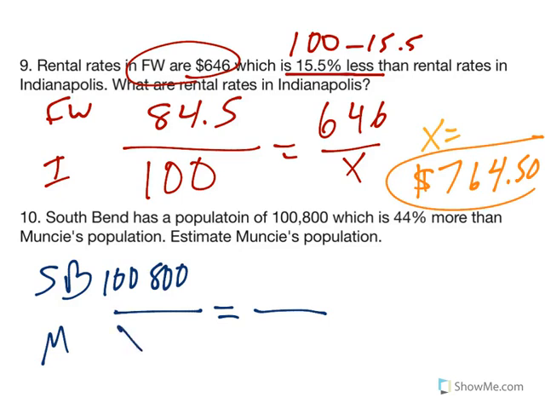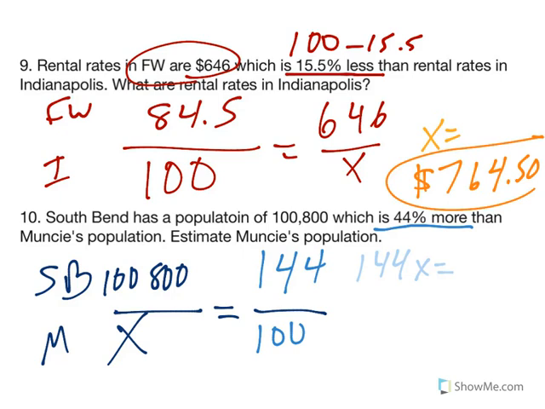I don't know the population of Muncie. So when we talk about the percentages, South Bend is 44% more. So that's going to be 144 because it's more than the reference. And that will allow us to say 144x equals 10,080,000. Divide by 144, and we actually end up with a population of 70,000.